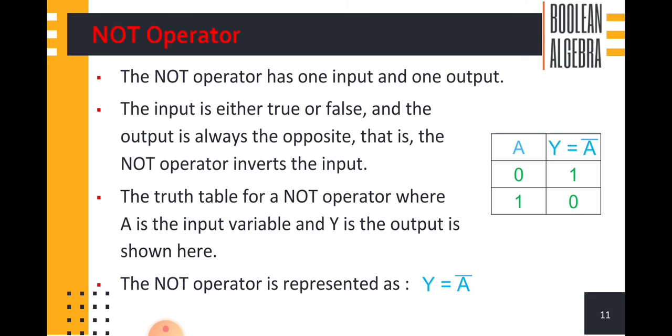We pass only one input, A, and we get the output Y, that is Y equal to A complement, A with an over bar. We can also read it as A complement. If we pass input 0, false, we get output true, and if we pass input 1, true, we get output 0, false. So the NOT operator is represented as Y equal to A complement.